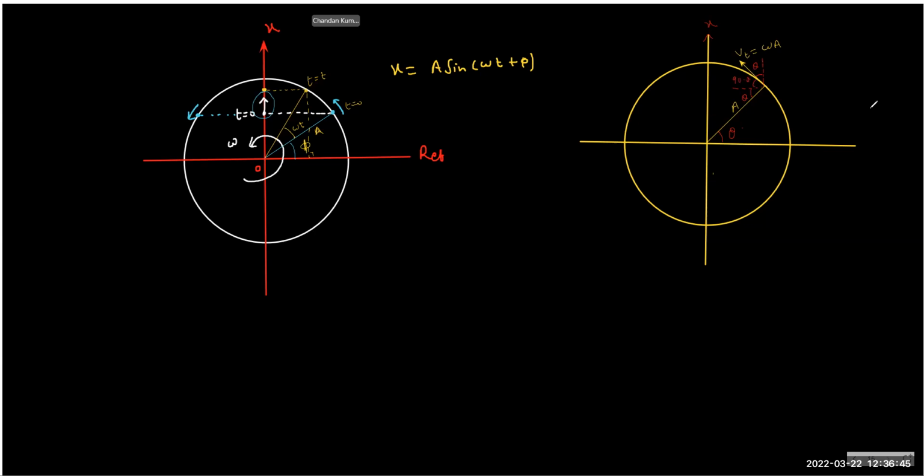Is this clear? So the vertical one is the x-axis. Omega a constant. Yeah, correct. So what we write is Vx. Basically, we don't write it, but this is Vx. We are writing the x component. So what is Vx? V tangential cos theta, and that is equal to omega a cos theta.